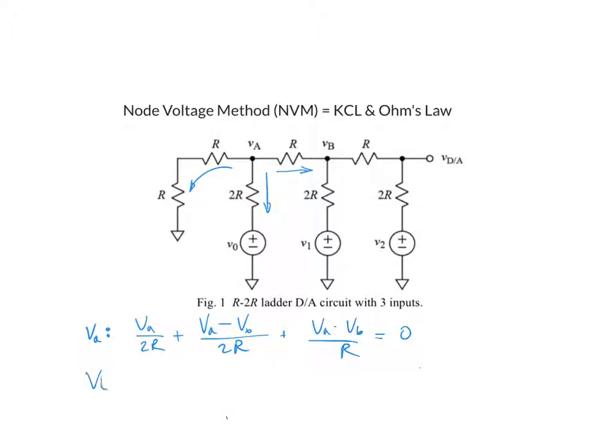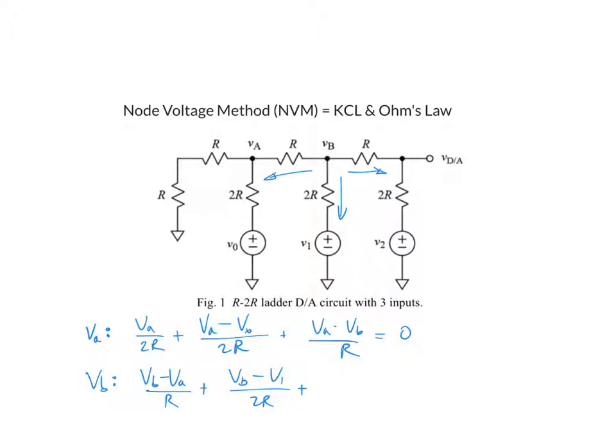Now at VB, I start with VB minus VA over R. That's this current here. Plus the middle one going down, VB minus V1 over 2R.